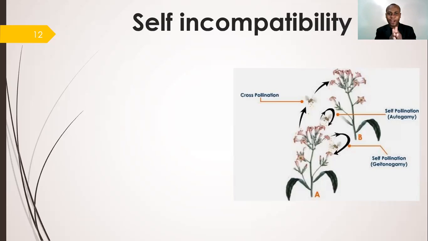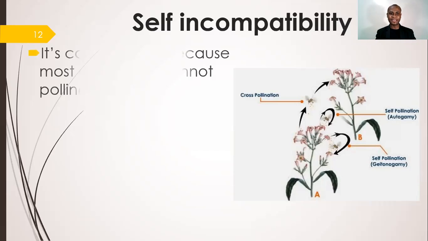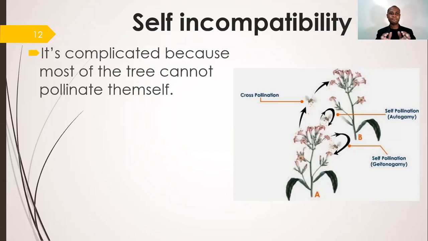So to avoid this, you need to enhance cross-pollination on your farm. And then we are going to talk about that in detail later. But the idea here is you need to understand that to really ensure fertilization, you need to facilitate cross-pollination.